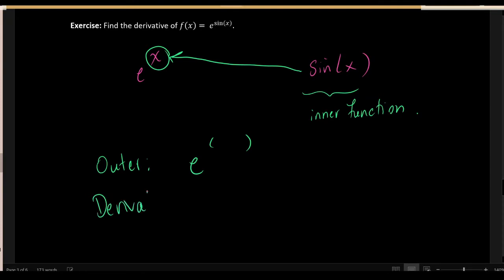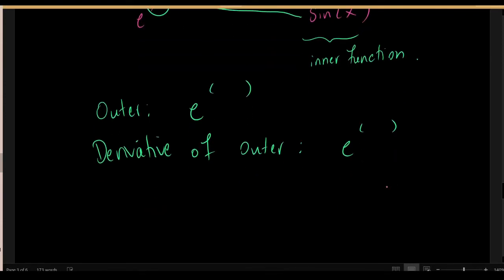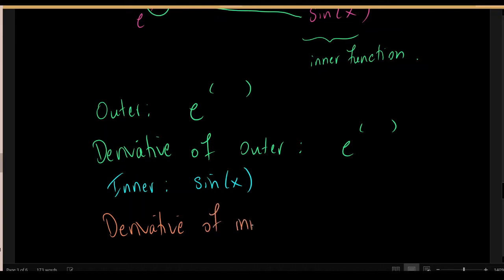Now we know that the derivative of the exponential, the derivative of e to the x, is just e to the x again. The inner function we have identified as sine x, and the derivative of the inner function would therefore be cosine x.